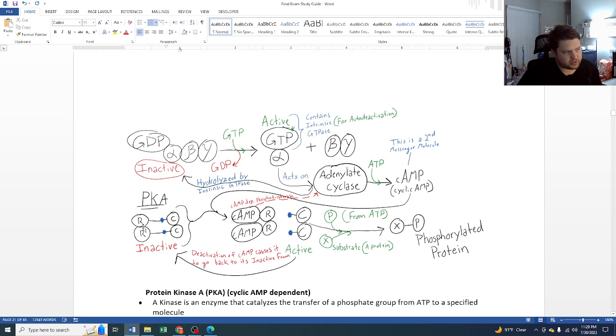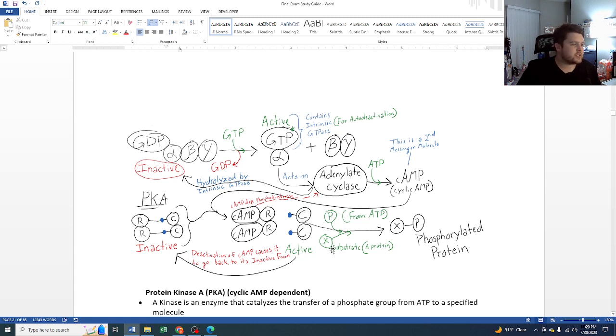It has 4 subunits, 2R and 2C. The cyclic AMP is going to bind and remove the R subunits, and our 2C subunits are left by themselves, and that is then the active form of our PKA.